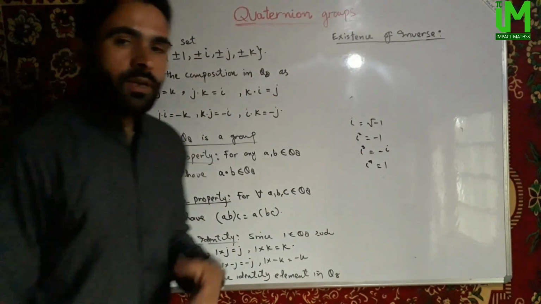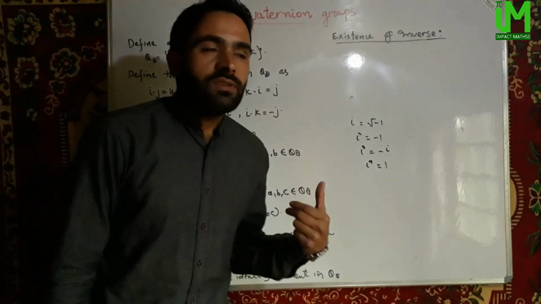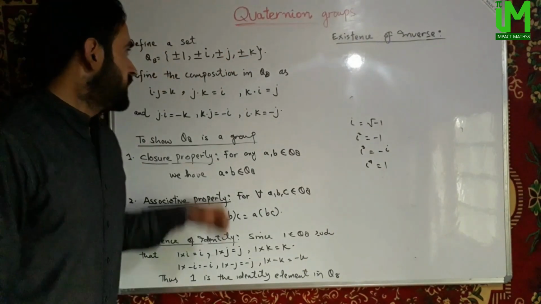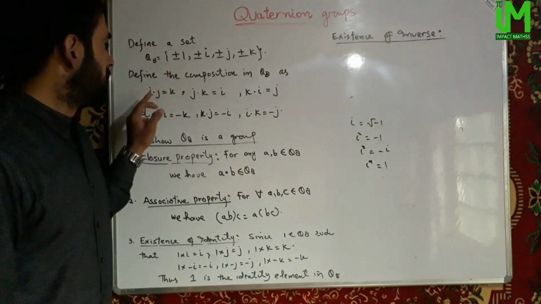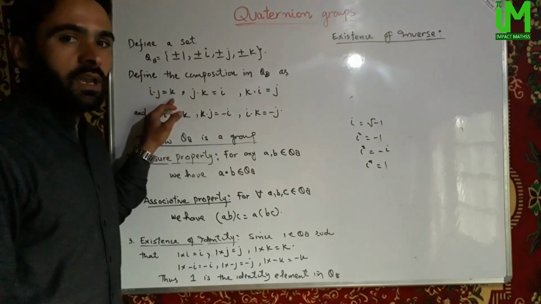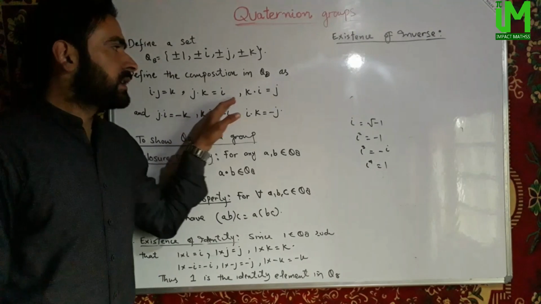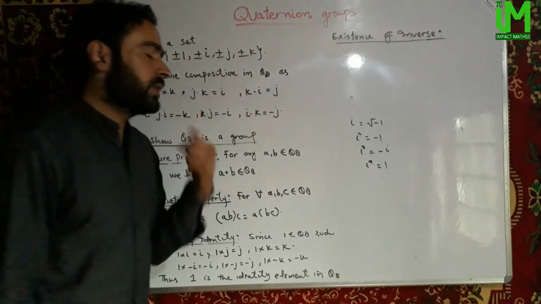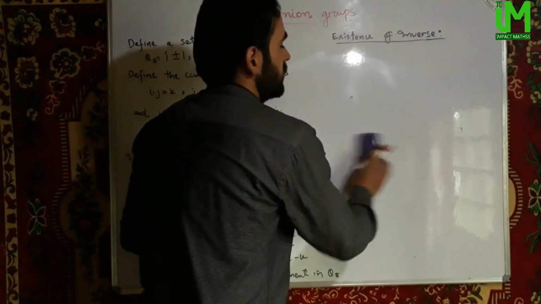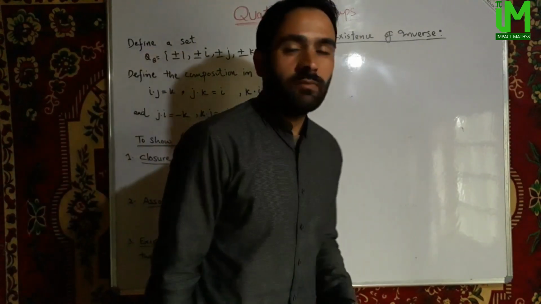Now what kind of binary operation is defined on this set? If we define the binary operation on this set as i dot j is equal to k, j dot k is equal to i, and k dot i is equal to j, the binary composition in Q looks the same as the vector cross product.